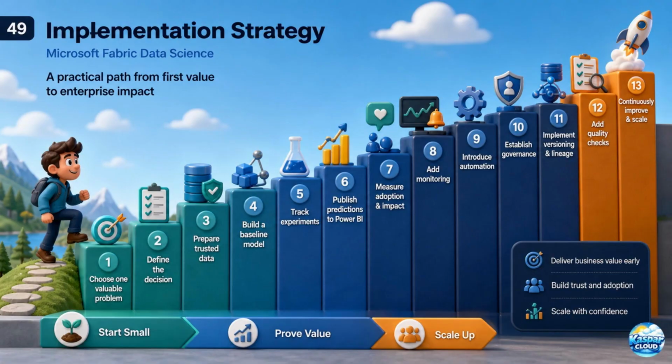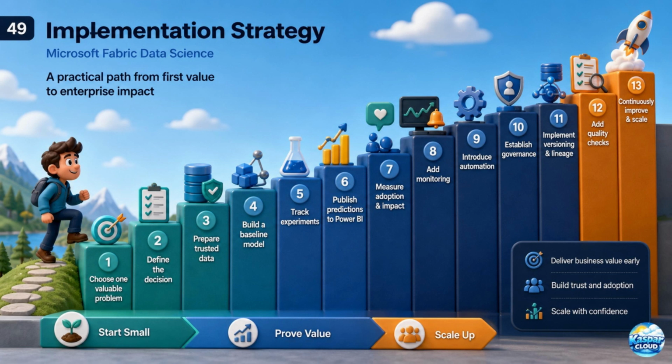The most effective implementation approach is to start small while designing for long-term scale. Organizations should begin with a single high-value business problem, identify the related decision process, prepare trusted data, build a baseline model, track experiments, publish predictions into Power BI, and measure adoption and business impact.